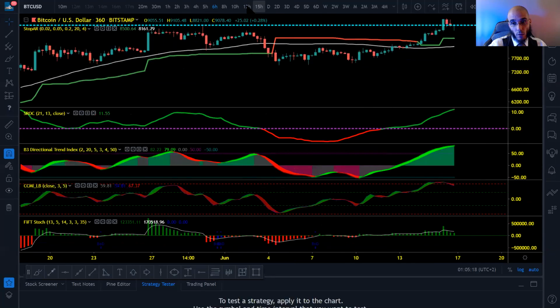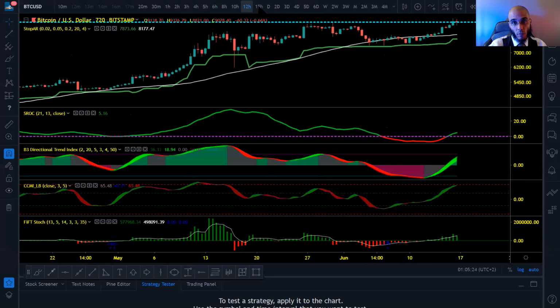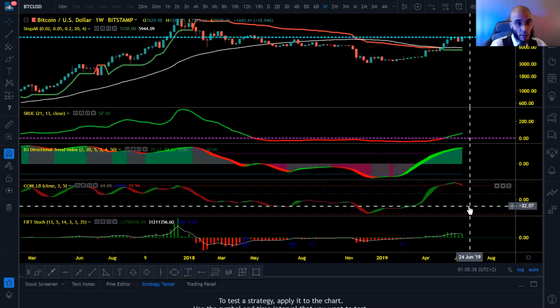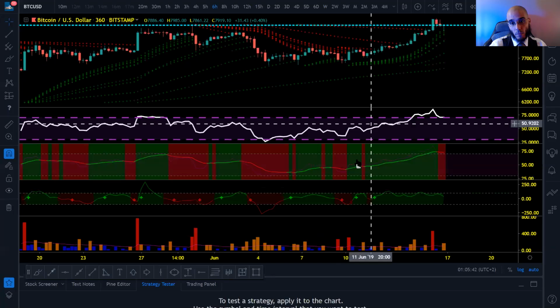Yeah, everything else is positive. On the 12 hour, everything is positive. On the 1 week, this one is negative. And it's the composite momentum index. It's still negative. Next.